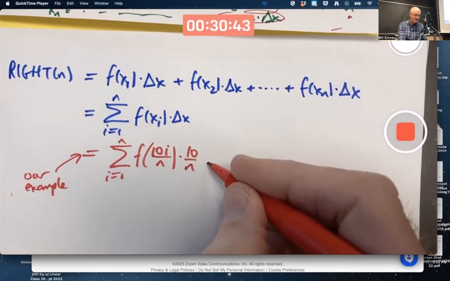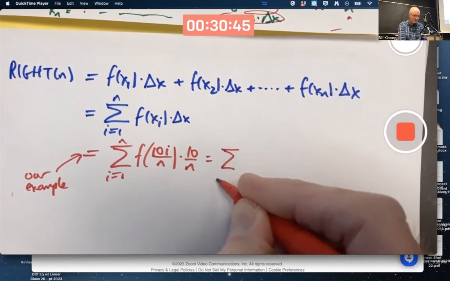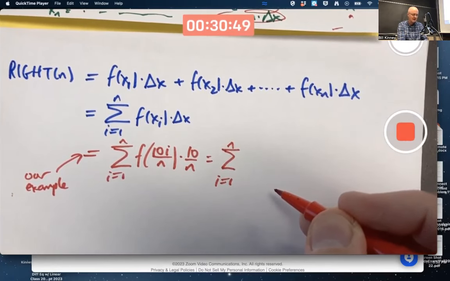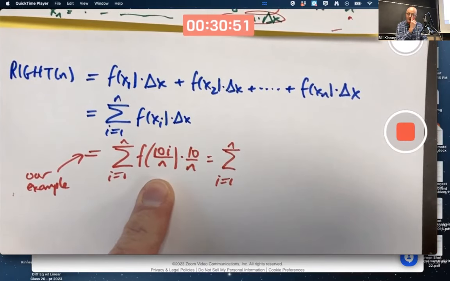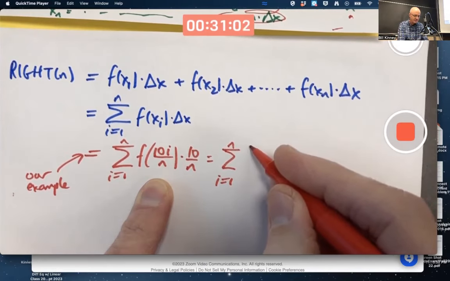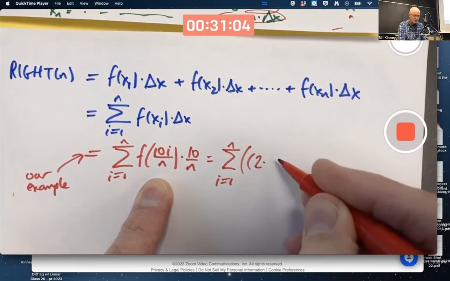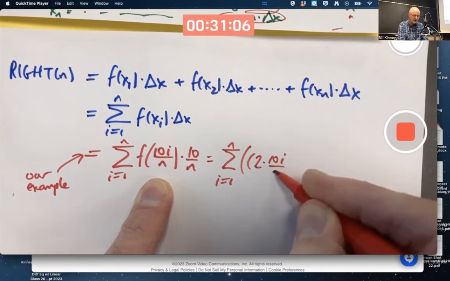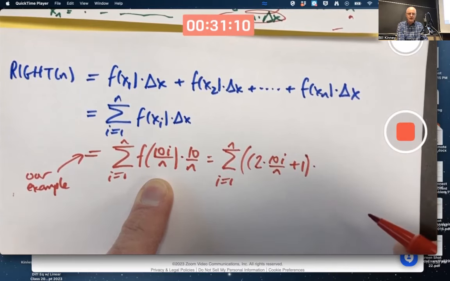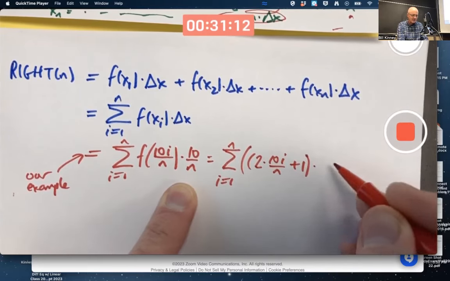Okay, what do we need to do? We need to use our function's formula, 2x plus 1. I've got f of 10i over n. In the formula 2x plus 1, I need to replace the x with 10i over n. 2 times 10i over n plus 1. That gets multiplied by delta x, which is 10 over n.